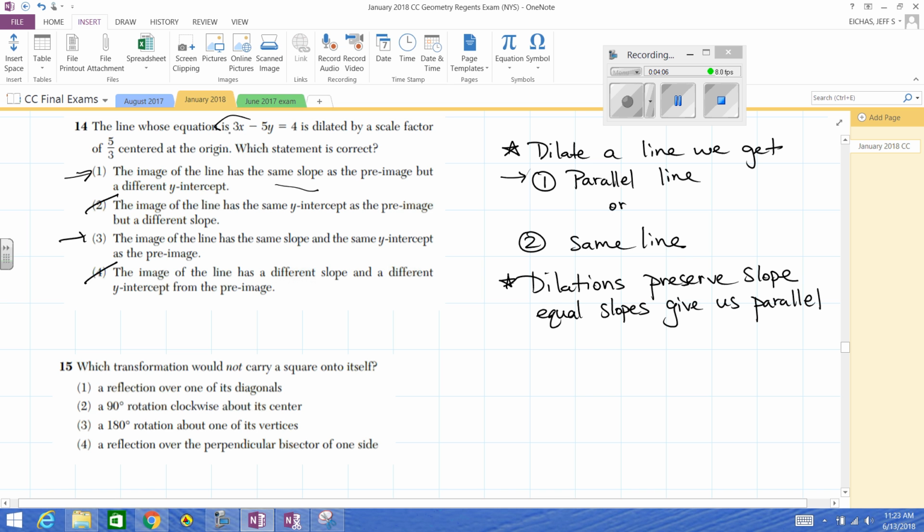Now, when we dilate a line, let's take a look at that equation, and it's centered at the origin. Here's the key. What decides between these two is if the center is off the line, then a parallel line is the image.